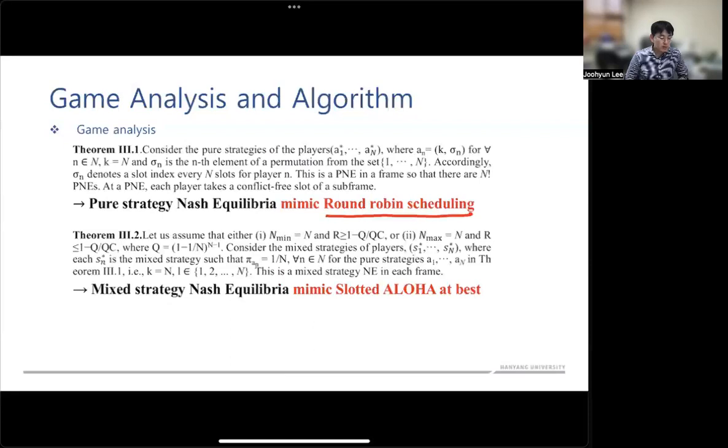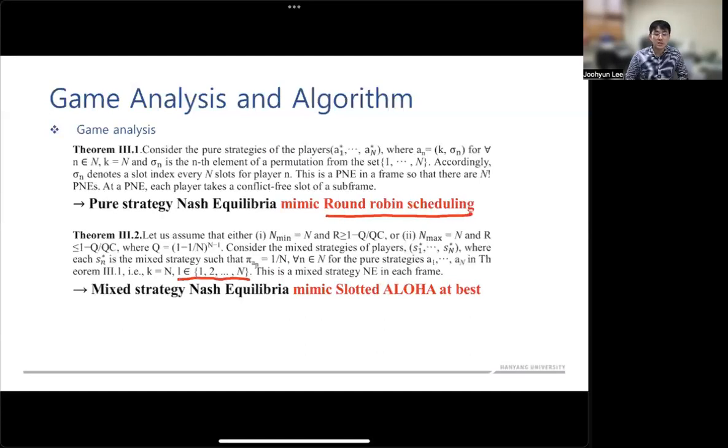And the second type of Nash equilibria is the mixed strategy Nash equilibrium, where for each slot, we assign the same probability. It is a probabilistic strategy such that each action for each time slot is chosen with the same probability.